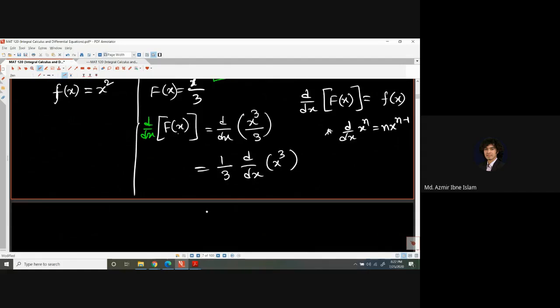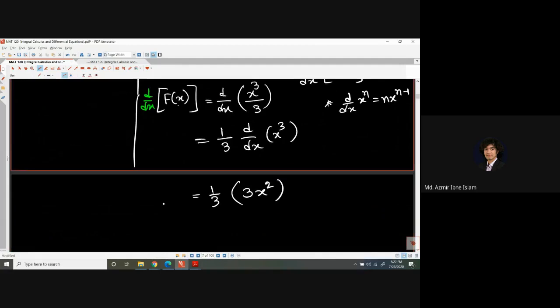So what we can do here, we can write 1 over 3, and for this one, we can write 3x squared. Finally, if we simplify 1 over 3 times 3, we are getting x squared.